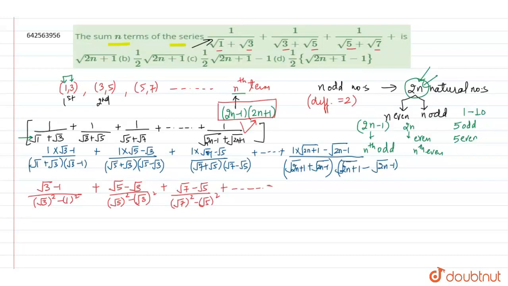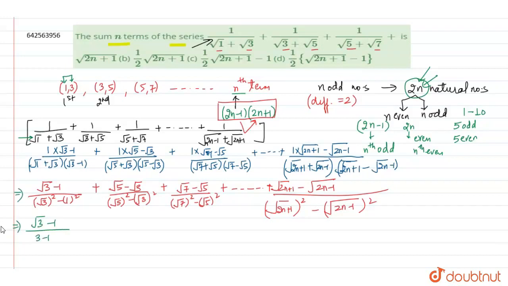And the last term will be root 2n plus 1 minus root 2n minus 1 upon root 2n plus 1 whole square minus root 2n minus 1 whole square. So after solving, what do we get? Root 3 minus 1 upon 3 minus 1.